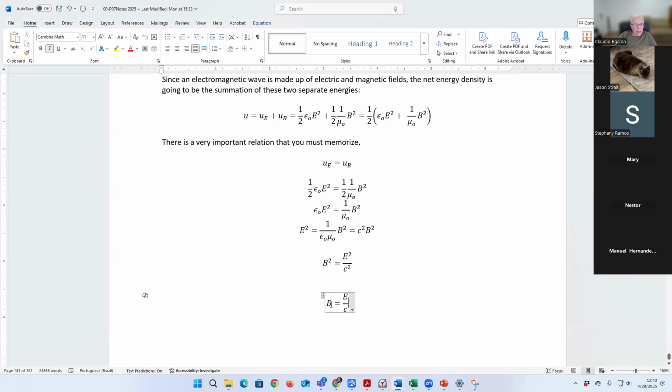But let's not forget that both the E and B are both a function of time, right? Not only are they a function of time, but they are also changing sinusoidally.